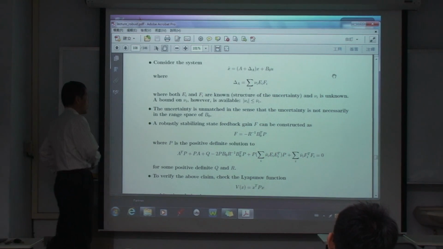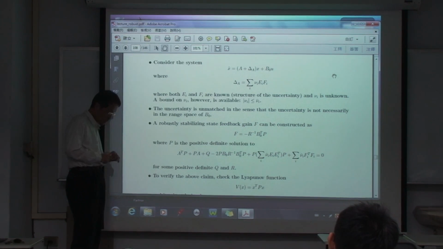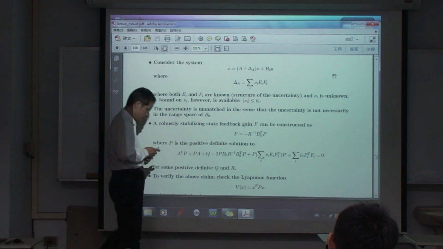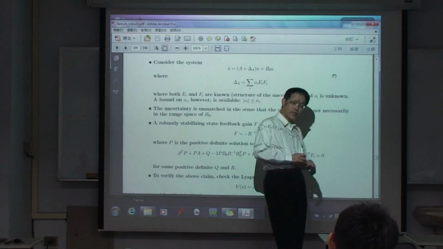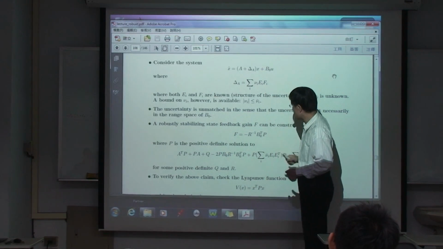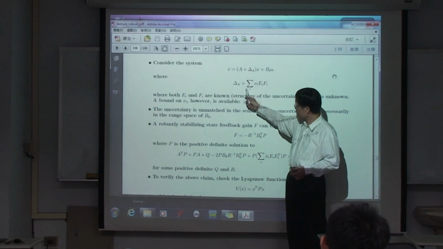Now, suppose I have uncertainty A plus delta A and then B0 U. Then you could use B0 plus delta B to make it more complicated. Just for illustrative purposes, we assume we have this kind of uncertainty. So uncertainty here, delta A is not necessarily in the range space of B0. Rather, we assume delta A can be a summation of this one.